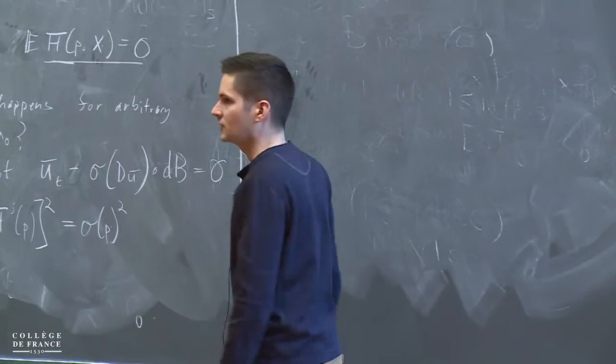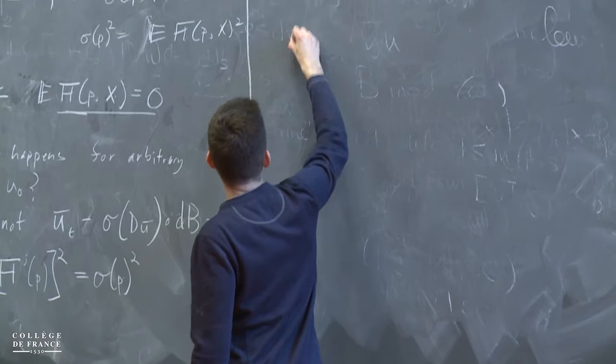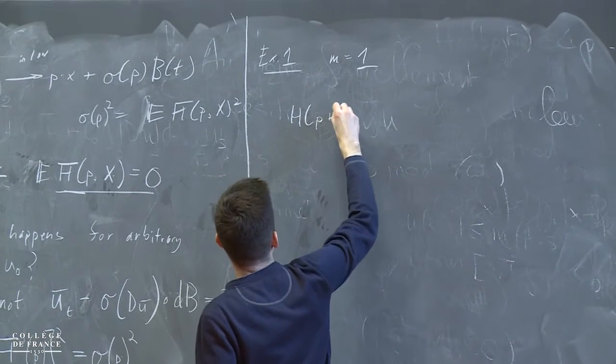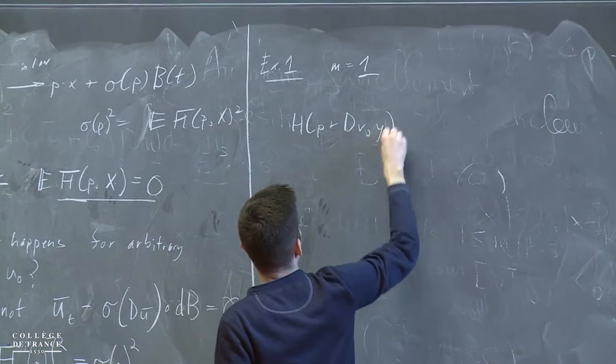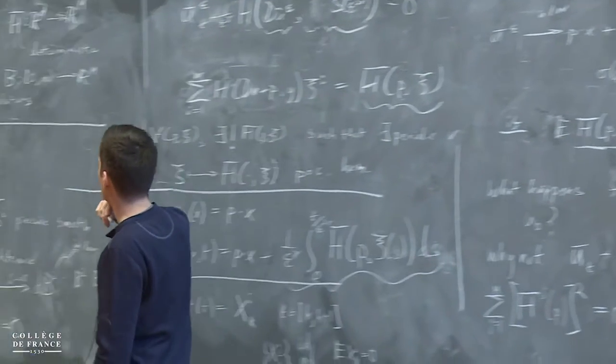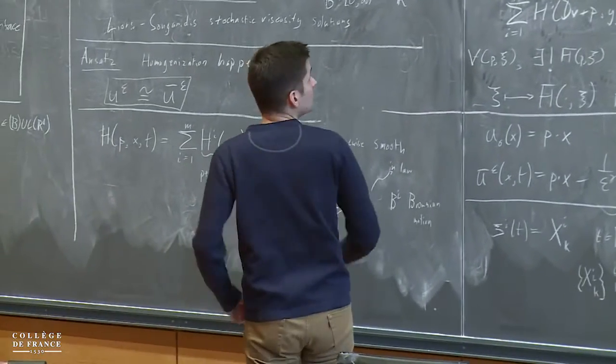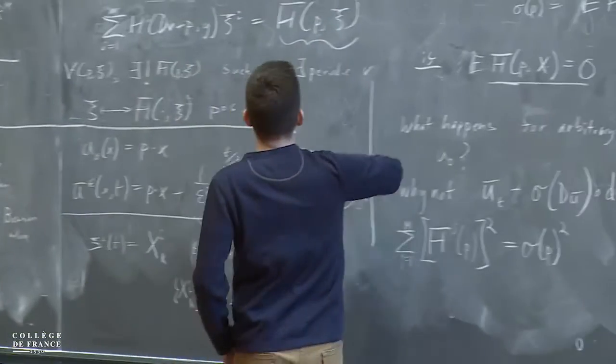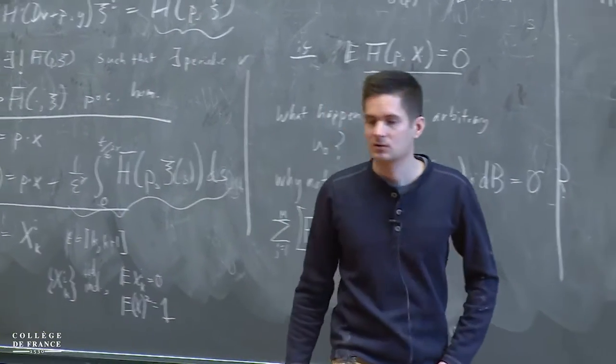And in that case, the cell problem, first of all, becomes not this infinite family of cell problems for different values of xi. Where's my cell problem? Here. But it just becomes 2 cell problems.